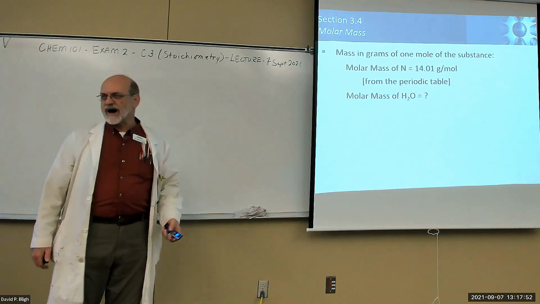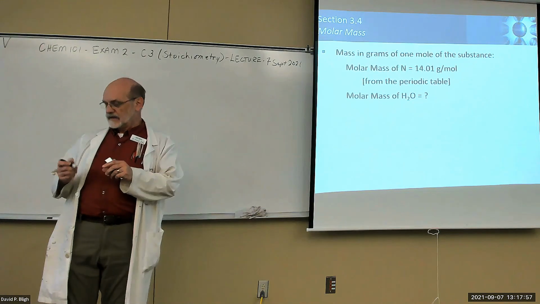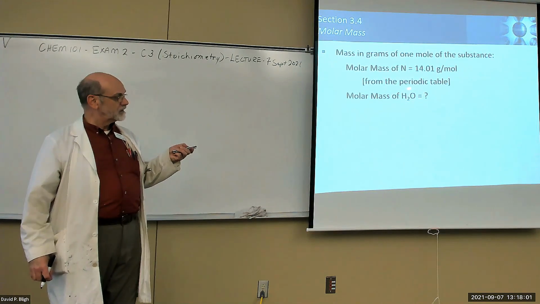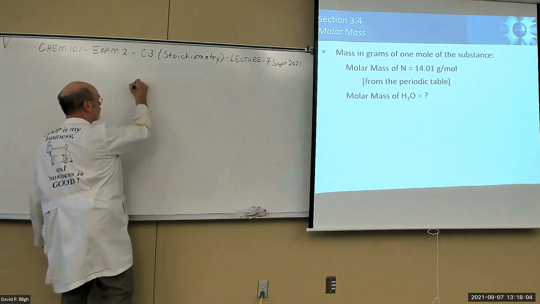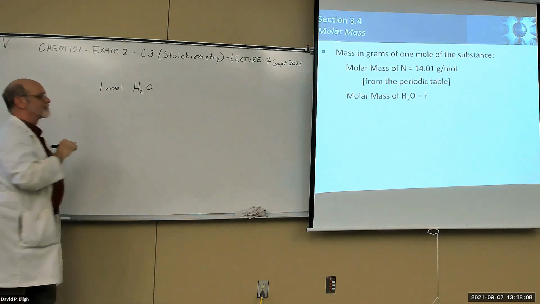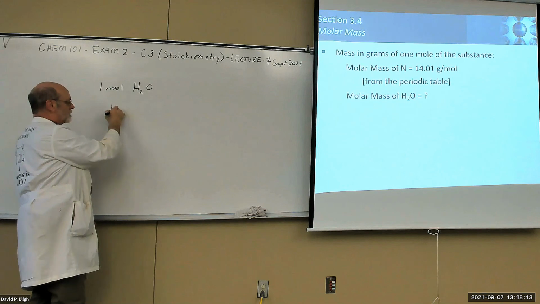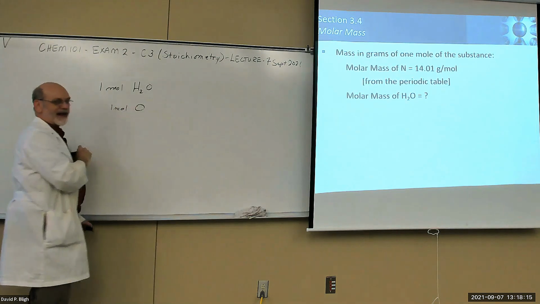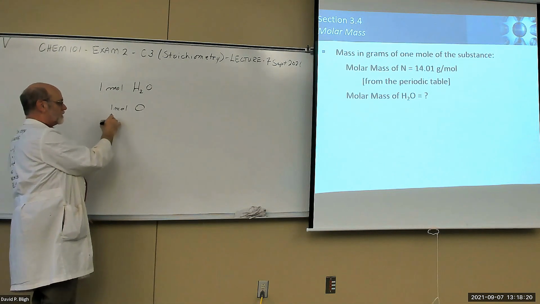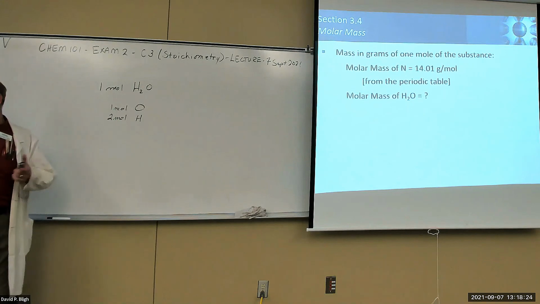How would we do it for a molecule? It's very simple. If you have a mole of this molecule here, if you have 1 mole of that, how many moles of oxygen do you have? You have 1 mole of oxygen atoms. How many moles of hydrogen atoms do you have? 2 moles of hydrogen atoms in that molecule, right?